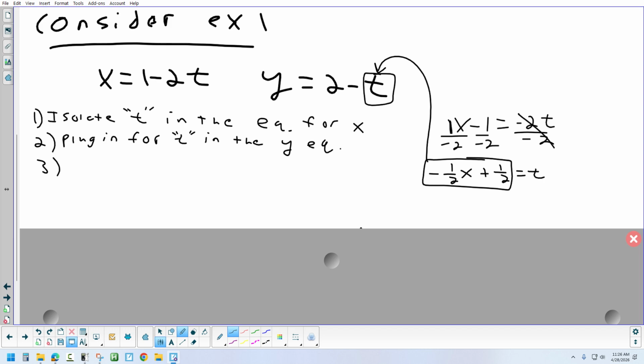And the last step is to simplify. Okay, so let's do that. So now we have y equals 2 minus, and now fill in what you've got for t. -1/2 x plus 1/2.